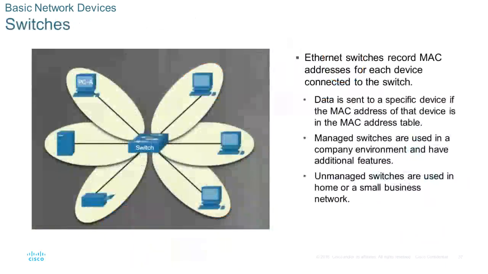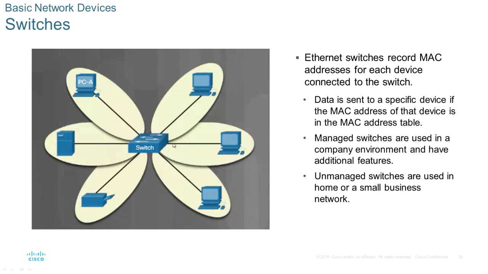Now, a multiple port bridge is known as a switch. Switches learn every device that is connected to them, and they'll only send traffic for that device down that cable. Just like the bridge learns what devices are on that cable, so does a switch.